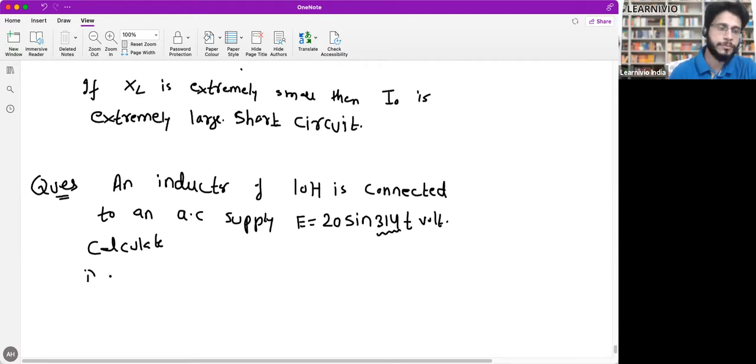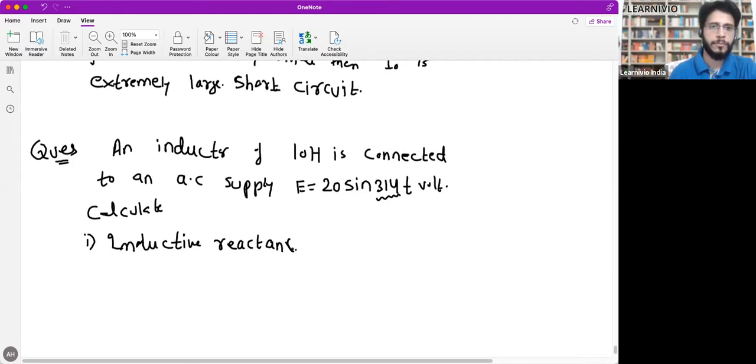Calculate the first part: inductive reactance. Second part: peak value of current.